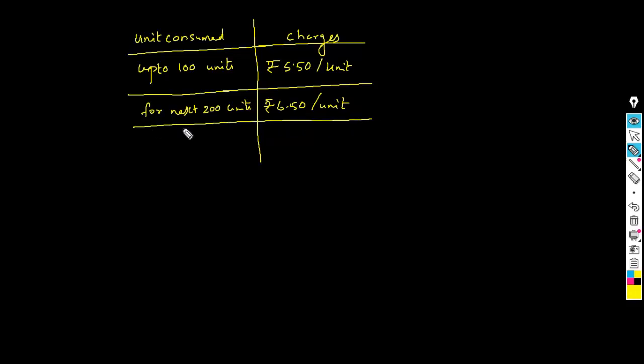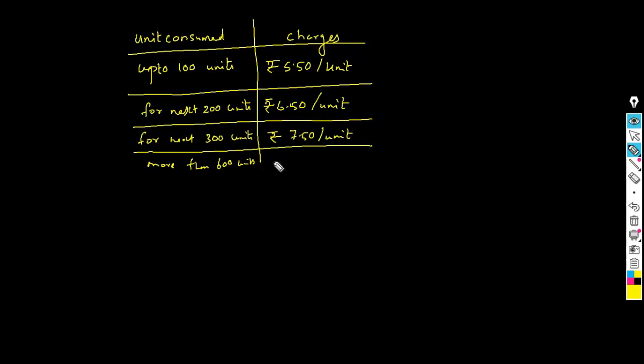See the next one, what they are given: for next 300 units, it is rupees 7.50 per unit. And the last criteria is more than 600 units, it is 8.50 per unit.